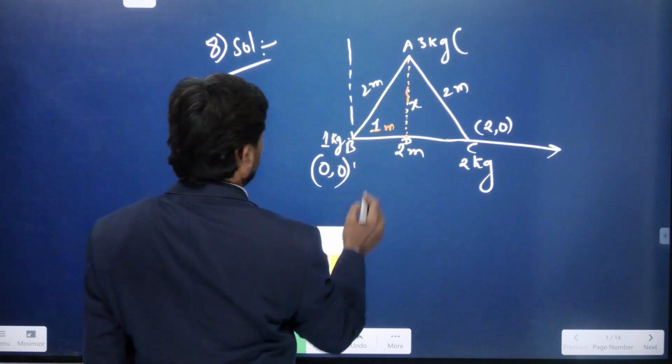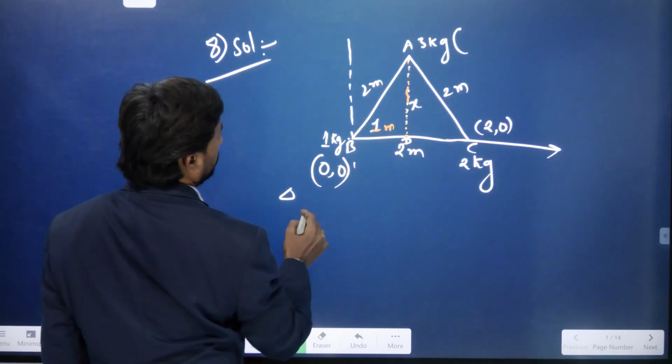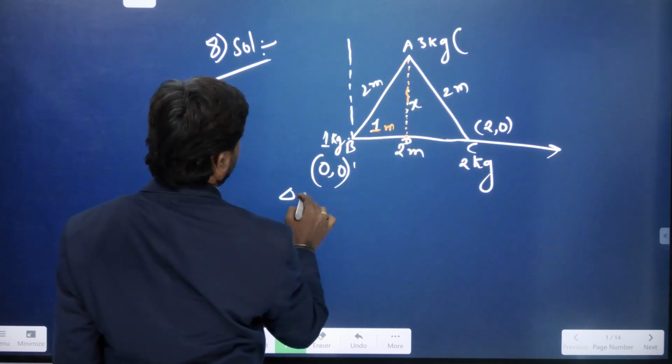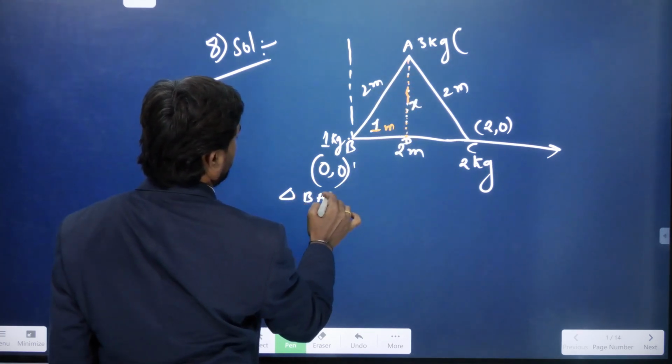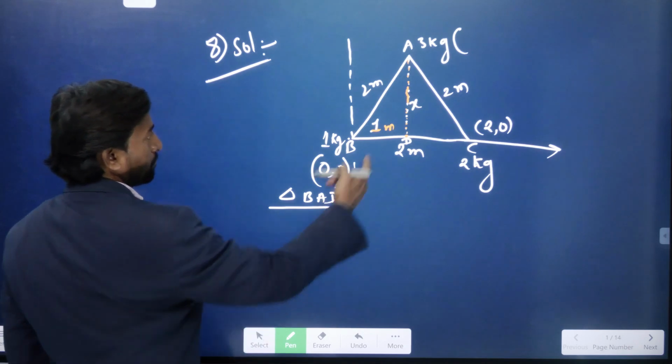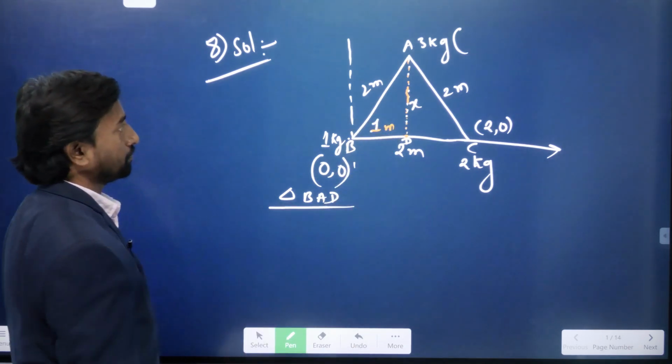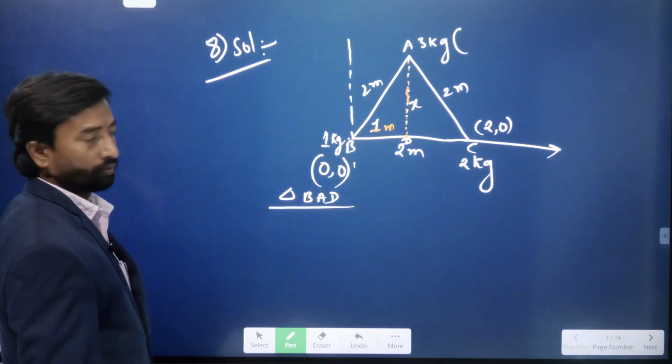So from triangle BAD, what x value do we have to find out?